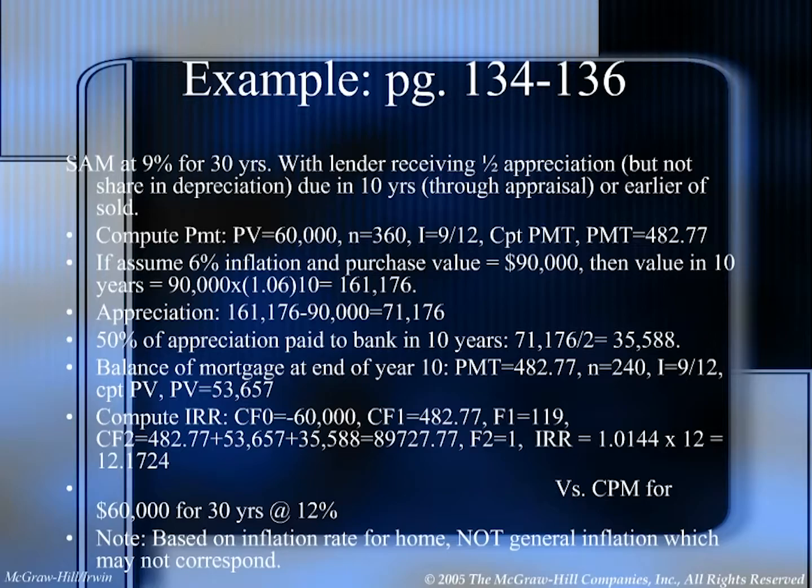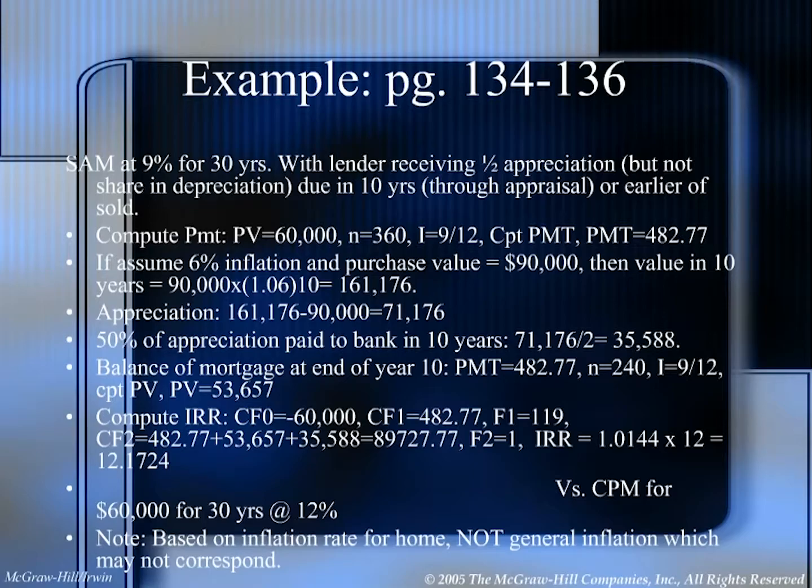Now your decision might be: do this, or a $60,000 fixed rate loan at 12% for 30 years. So you might decide, I'll go with this, and if my property doesn't appreciate as much, if it only appreciated at 3% instead of 6%, well, you could crank that out and find out what your return did, but obviously it would be less than 12%.